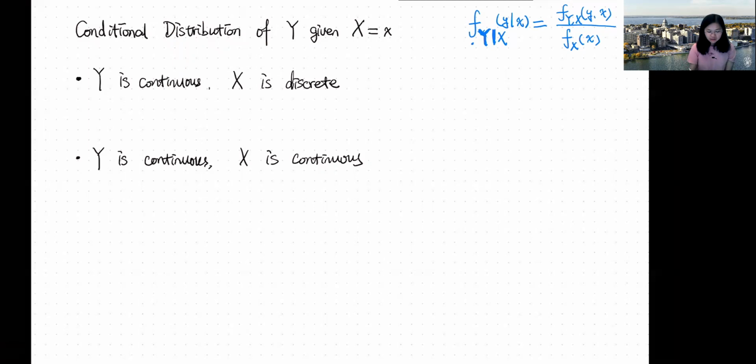When Y is continuous and X is discrete, we can define the conditional CDF of Y given X equals little x using the conditional probability formula. So that should be the probability that Y is less than or equal to little y given X equals little x.